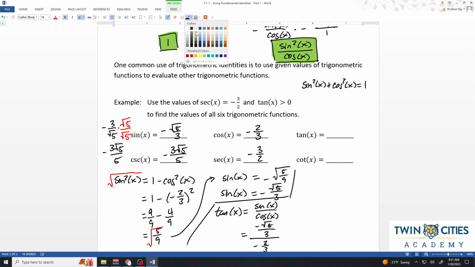Well, I can divide out these 3's, and then negative over negative will be positive. So what's left is square root of 5 over 2.